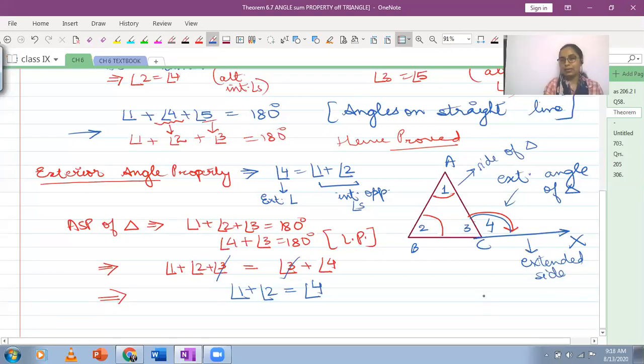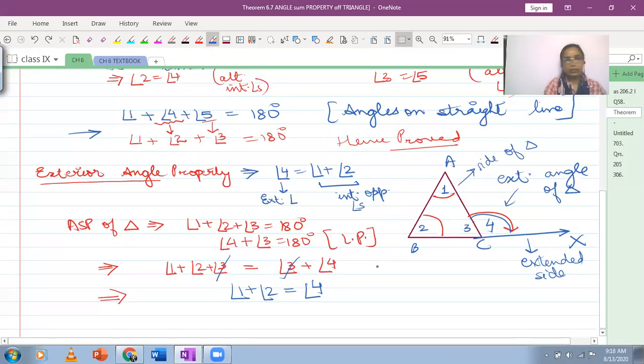So if at any vertex you extend one of the sides, the angle should form between the extended part and the side of the triangle. You cannot have an exterior angle between two extended sides. In case I extend this also, you cannot say that the exterior angle is forming here. That will be wrong. So identify it carefully before you use this result in your questions.